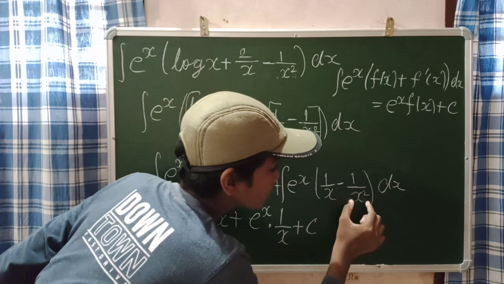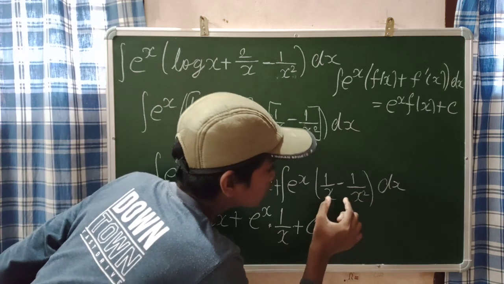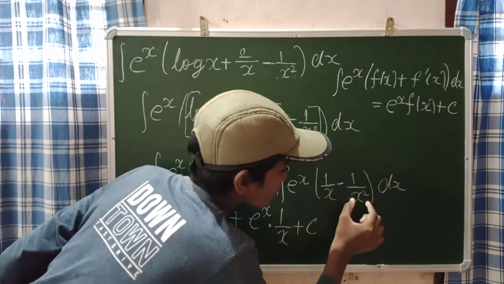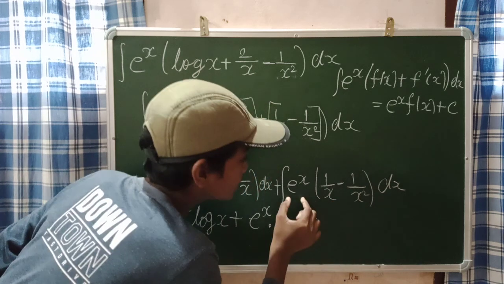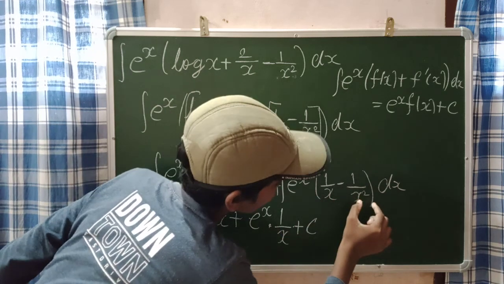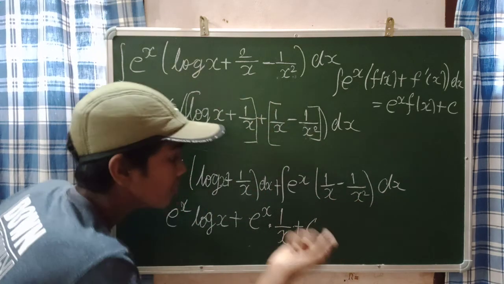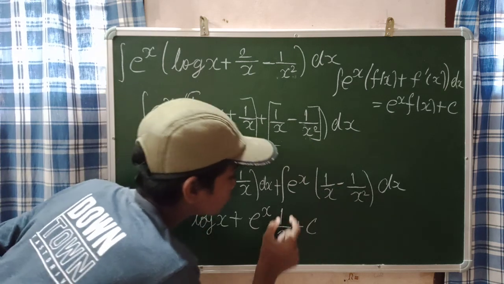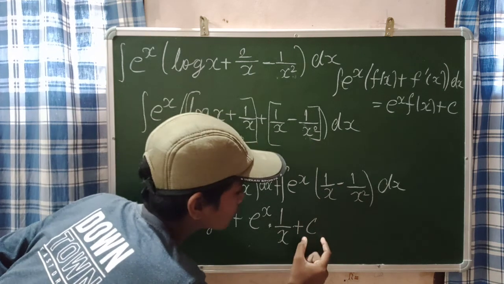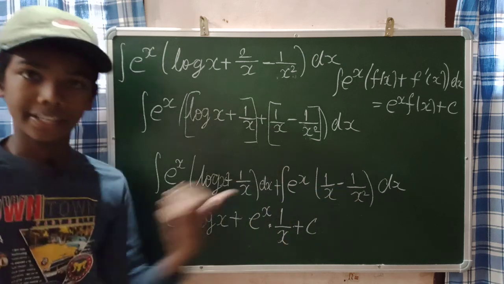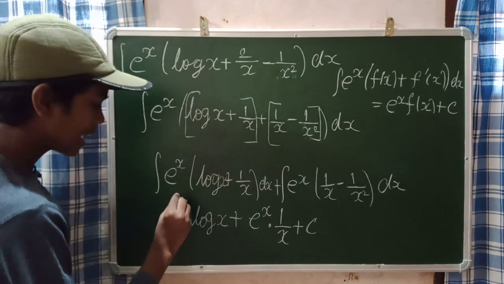Minus 1 by x square is the derivative of 1 by x, so 1 by x is f of x and minus 1 by x square is f dash of x. So this is nothing but e power x of f of x, where f of x is 1 by x. So e power x into 1 by x plus some constant. This constant is for all those multiple integrals. So that's all guys, and this is the answer for this question.